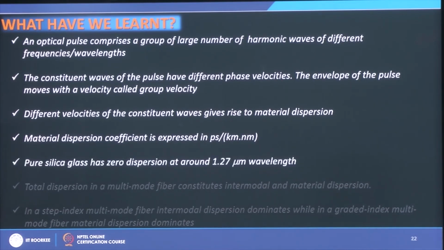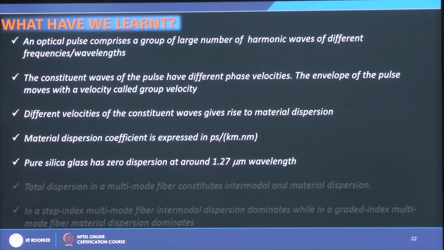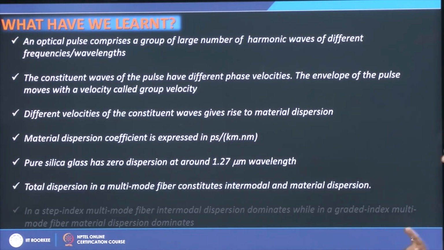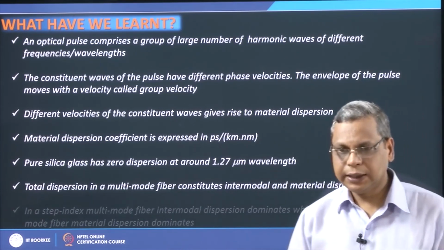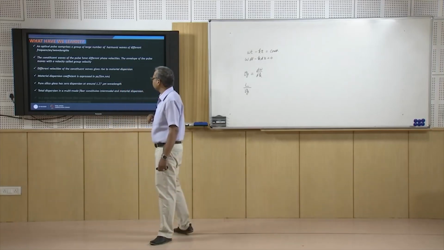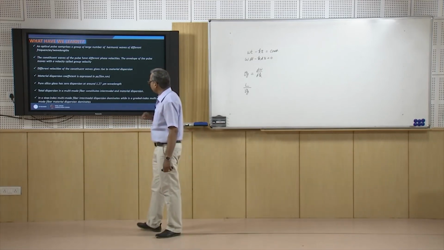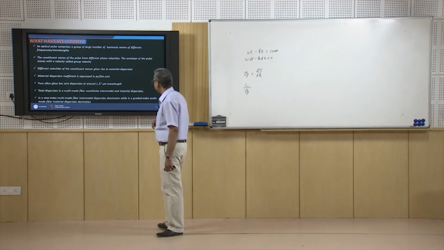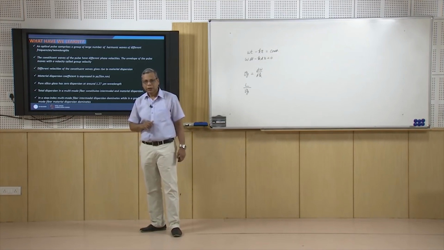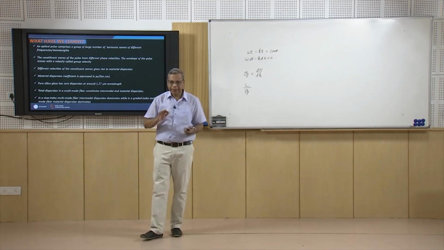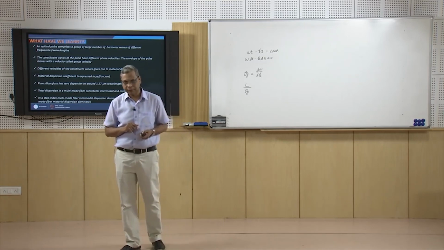Pure silica glass has 0 dispersion around 1.27 micrometer wavelength, and total dispersion will contain both intermodal as well as material dispersion. In a multimode step index fiber, the intermodal dispersion will dominate, while in a graded index multimode fiber material dispersion dominates. So, this is all about some basic transmission characteristics of an optical fiber.